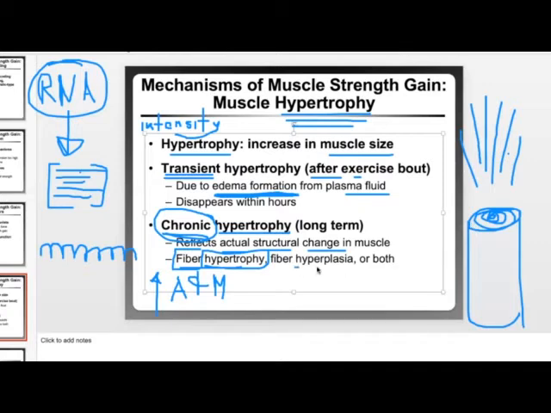This term right here, hyperplasia, refers to splitting of one muscle fiber into two muscle fibers. So they're saying that chronic hypertrophy, or long-term muscle growth, happens because of hypertrophy, which is an increase in the diameter of muscle fiber size, or it happens because of hyperplasia.